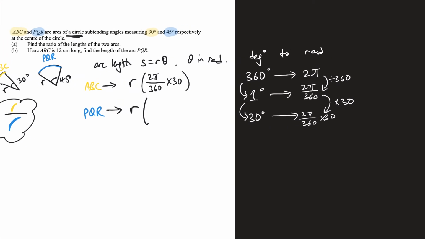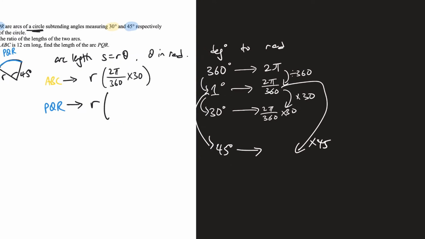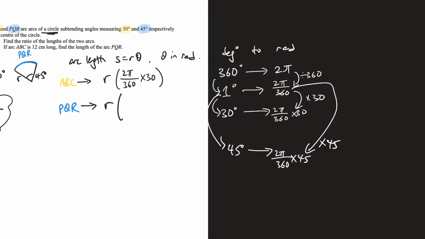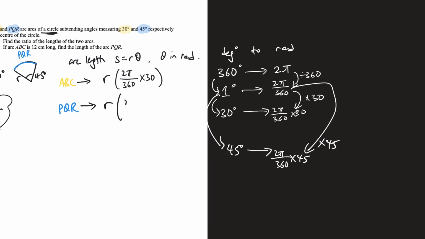So going back, to make it 45, I multiply by 45 instead of 30. So I get 2 pi over 360 times 45. So 45 degrees converts to that.